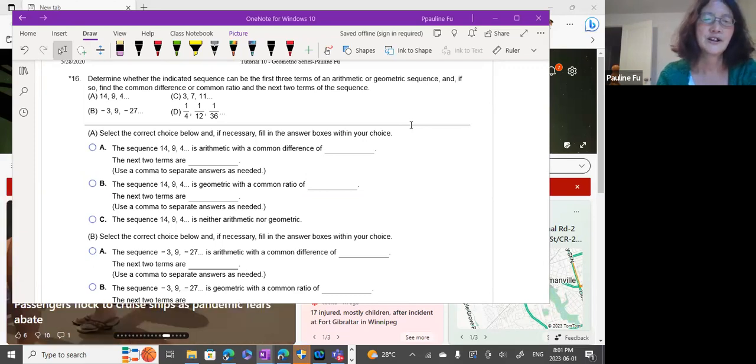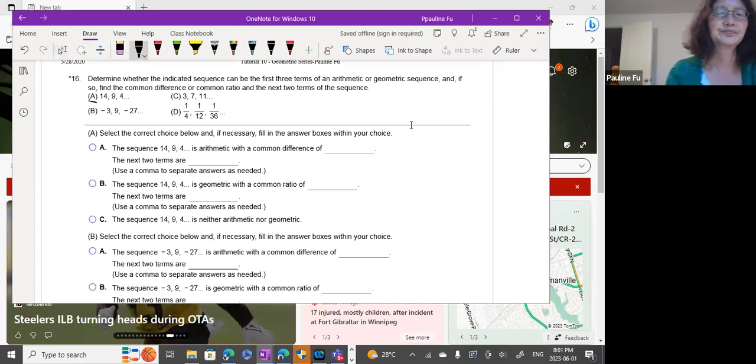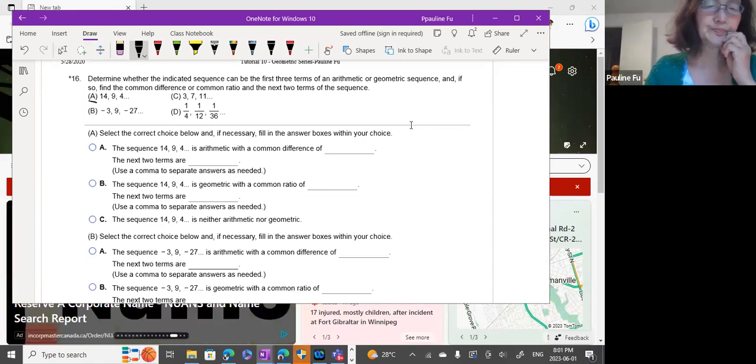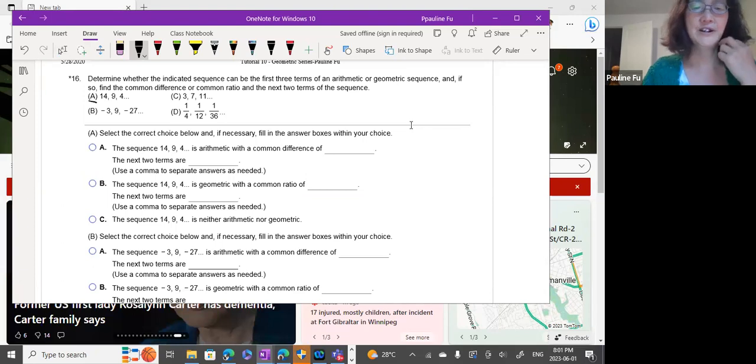So let's do question A. Is it arithmetic or geometric? Anyone?